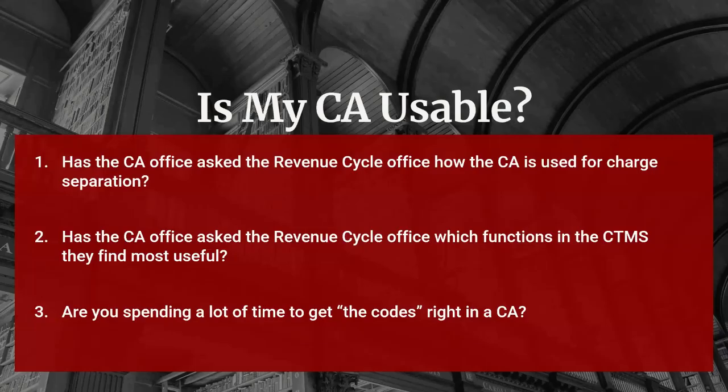And again, those are business decisions, operational decisions that so many organizations have made. However, when you're trying to assess when to call it a day, so to speak, on that road to infinity, it's really important to talk to the revenue cycle office to learn what parts of the CTMS the revenue cycle office is using.